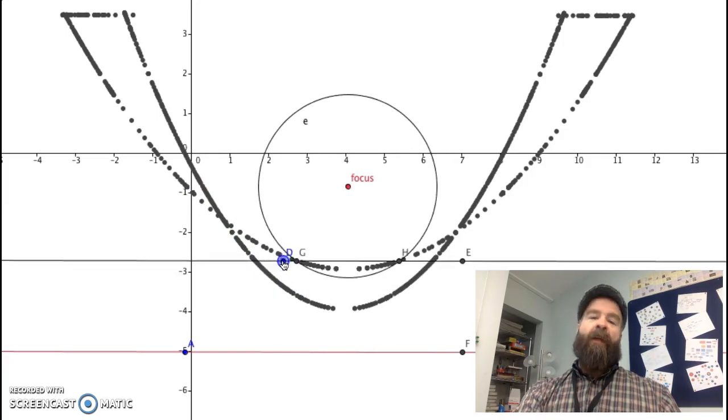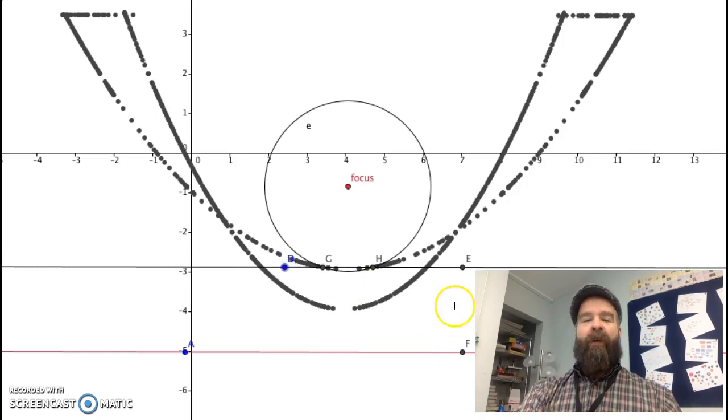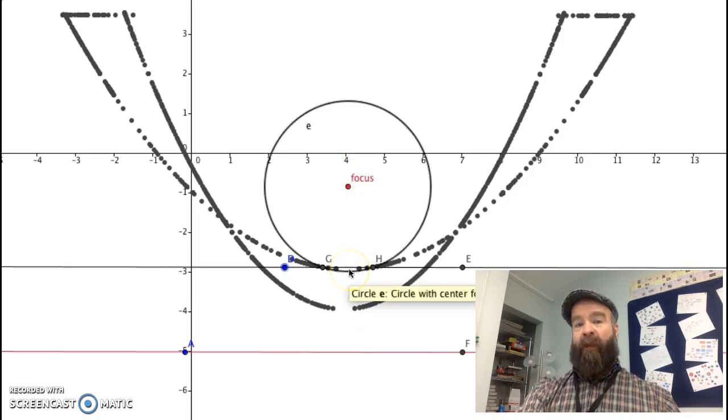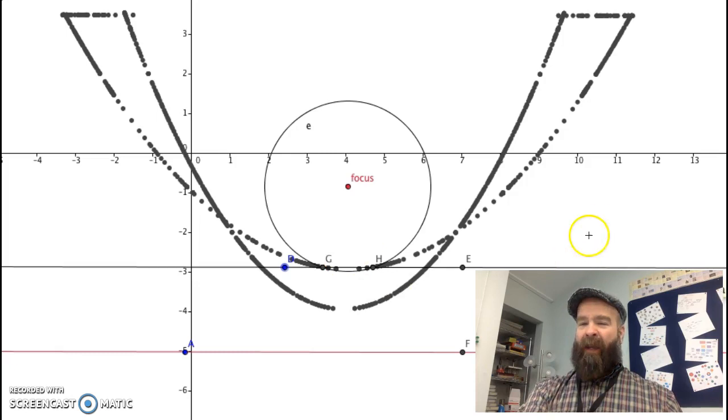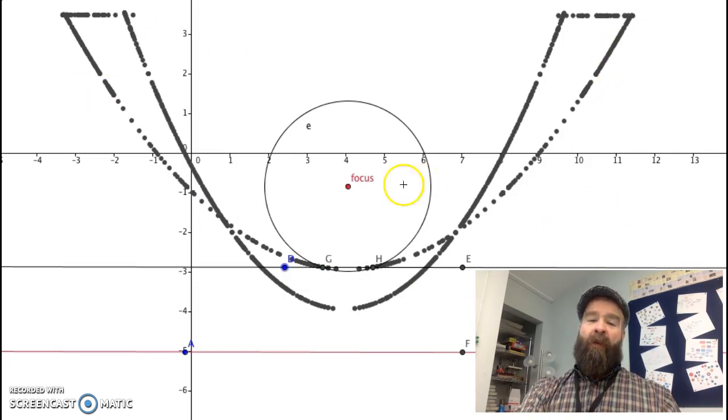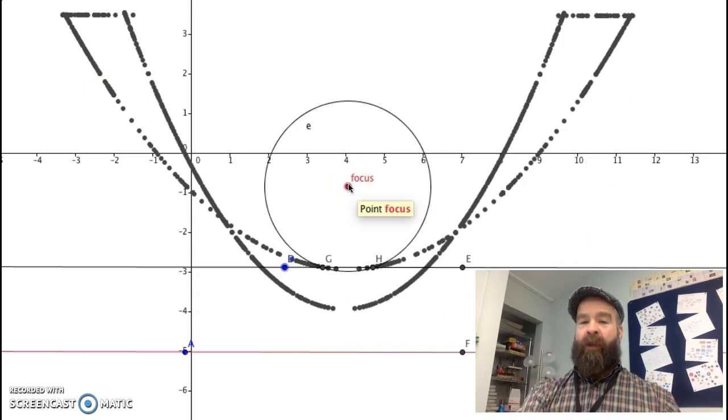Now, two things happened here, right? The vertex moved up when I moved the focus, which makes sense if you think about it, because the vertex is going to be the same distance from the focus and the directrix. So if I move the focus up, the vertex also has to go up. But you may also notice that the parabola became wider. The farther the focus is from the directrix, the wider the parabola is going to be.